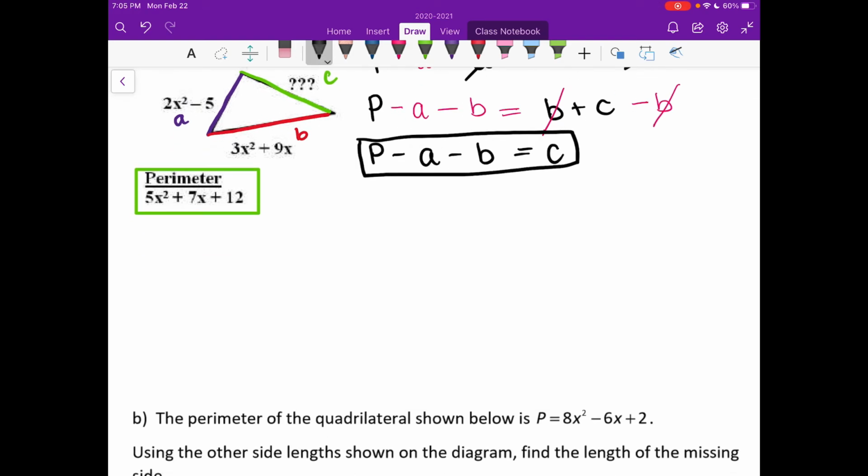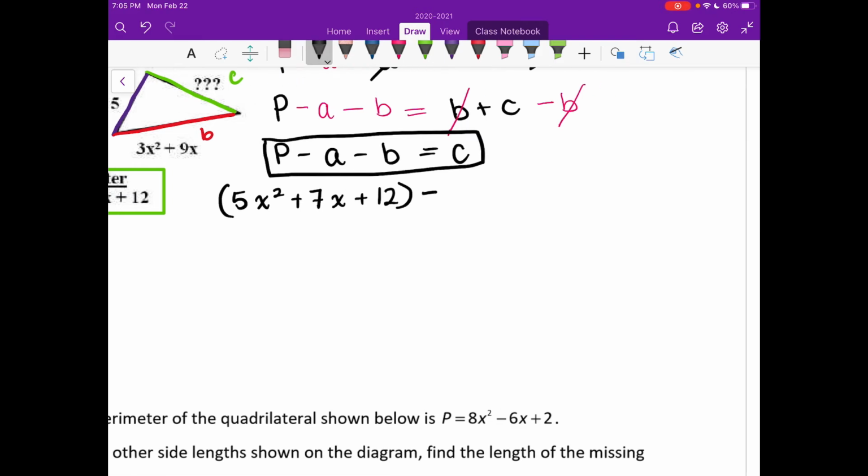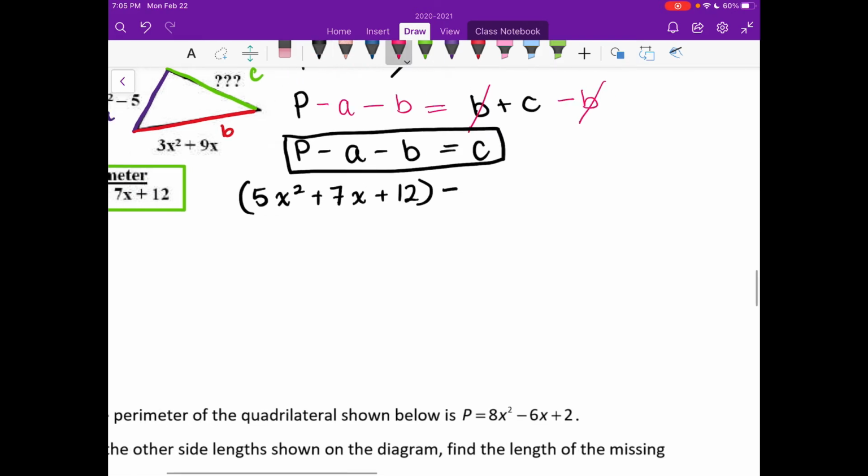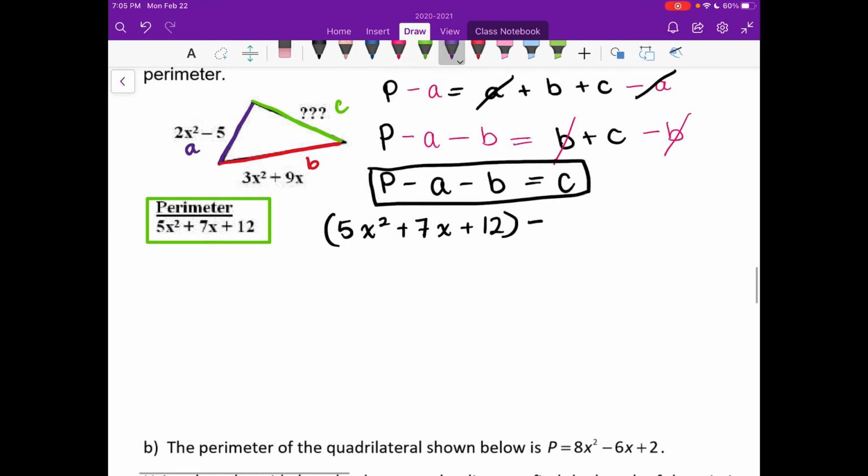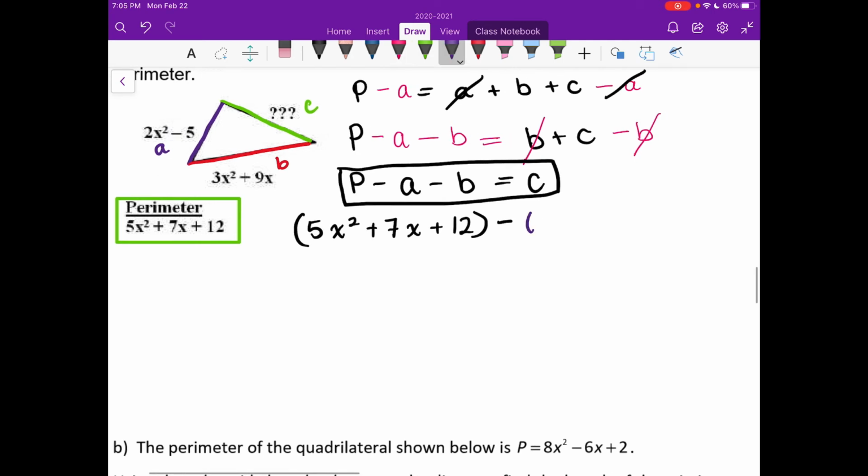I'm going to put P in as the black one. It's 5x squared plus 7x plus 12. Always going to be in brackets. And this is where the brackets start to become important. Okay? Minus A is the purple one. Minus 2x squared minus 5.